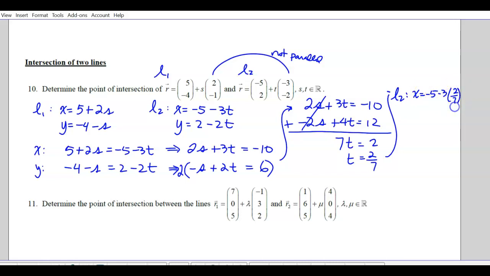So what's that going to be? That's negative 35 minus 6, which is negative 41/7. Y equals 2 minus 2 times 2/7, which is 14 minus 4, which is 10/7. So the point of intersection is (negative 41/7, 10/7).